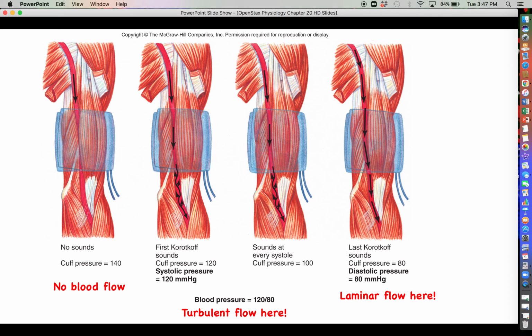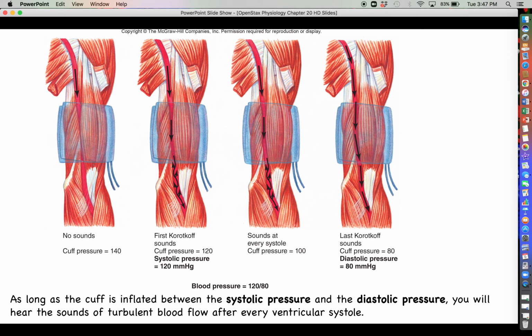The diastolic pressure will be equal to the cuff pressure at which you stop hearing those turbulent blood flow sounds, and that would indicate that diastolic pressure is now sufficient to get blood flowing through the brachial artery.